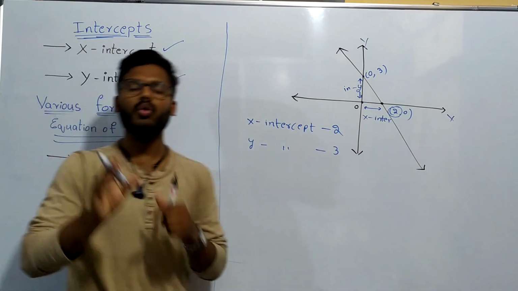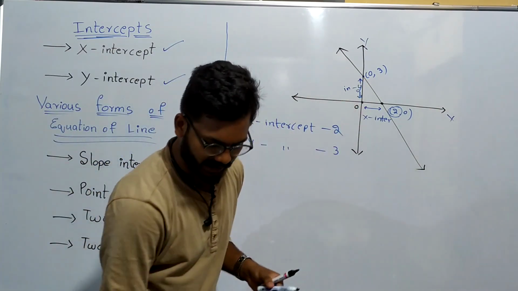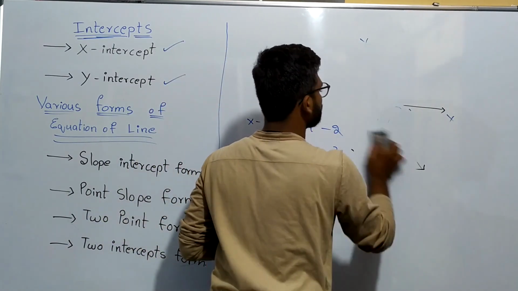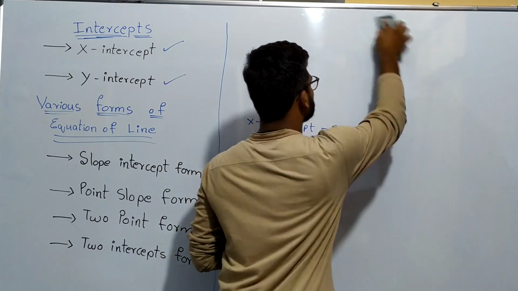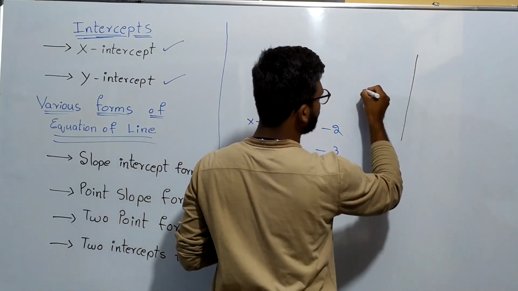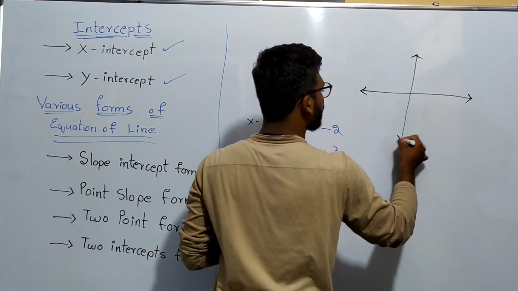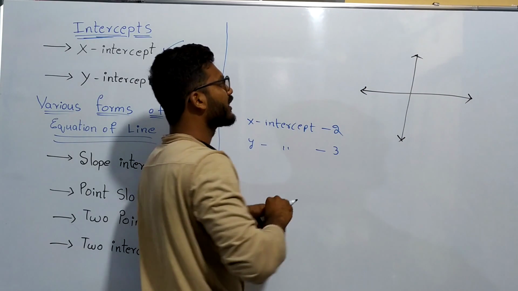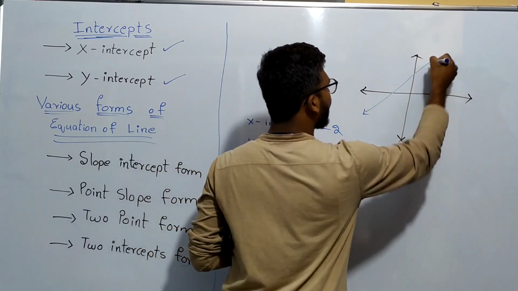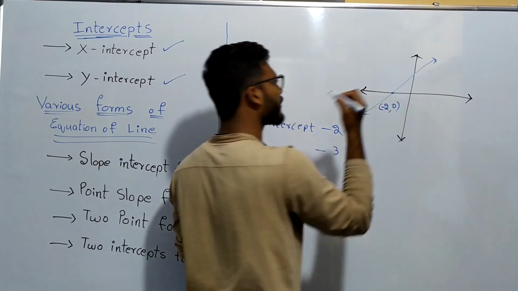And what if this line meets on the negative sides? Let us see. Suppose the line meets the x-axis on this side. This is the line and it meets the x-axis here at (-2, 0).